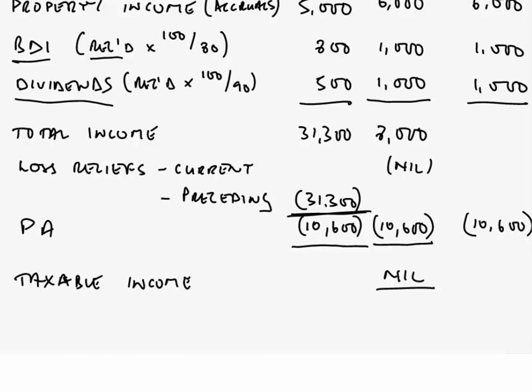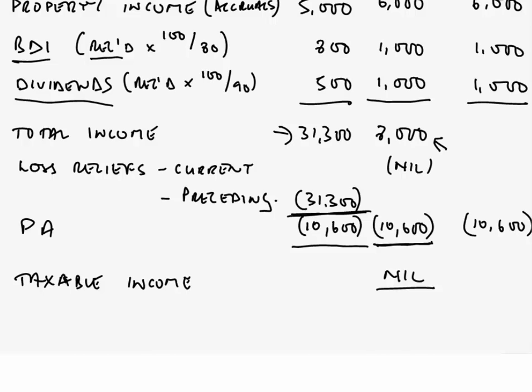So, we have made no claim in the current year because the personal allowance of £10,600 is bigger than the total income of £8,000. We are paying no tax anyway. To make such a claim would be a waste of another £8,000 of your loss and save you no tax at all. In the preceding tax year, we face a similar problem, inasmuch as, given that we have a loss of £40,000, that is bigger than the total income of £31,300.